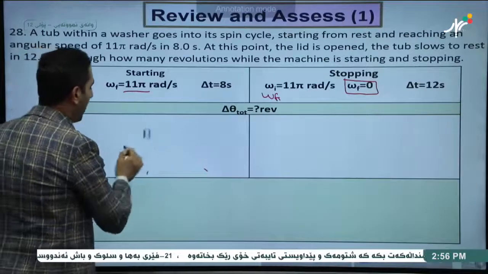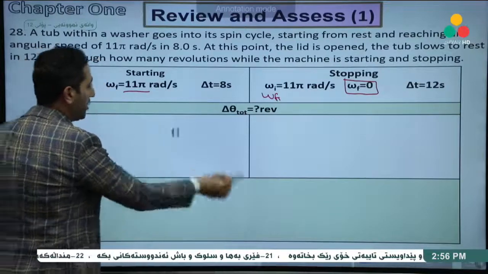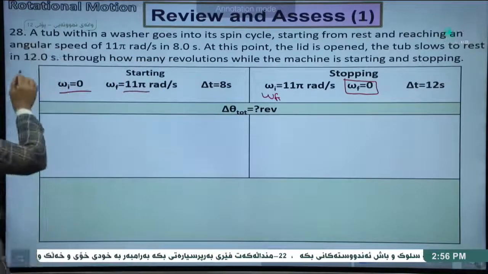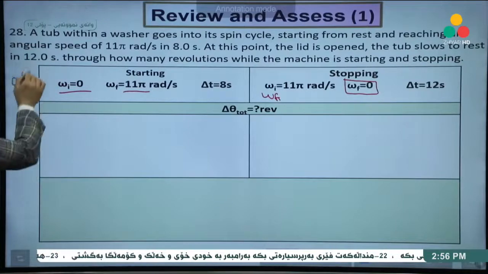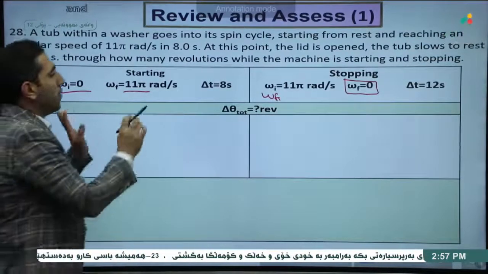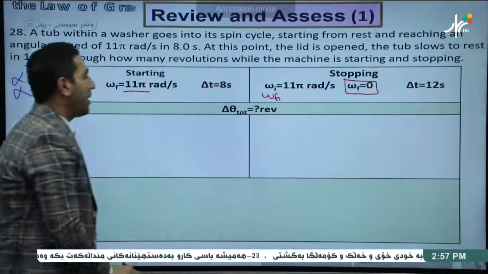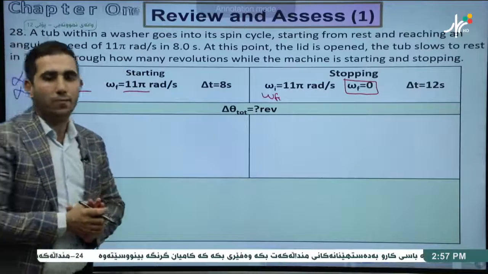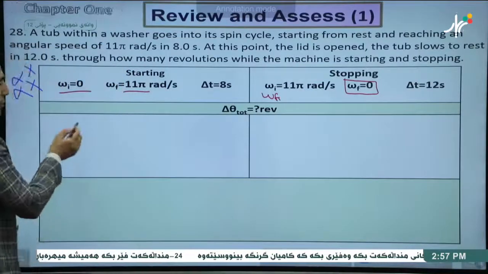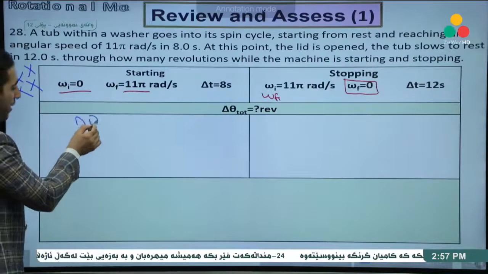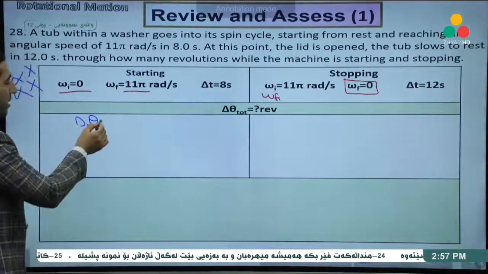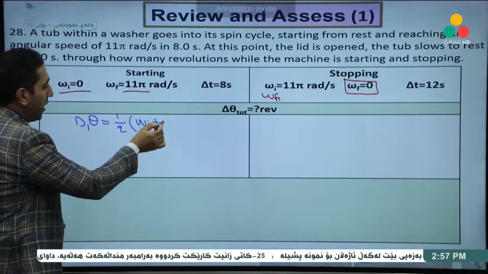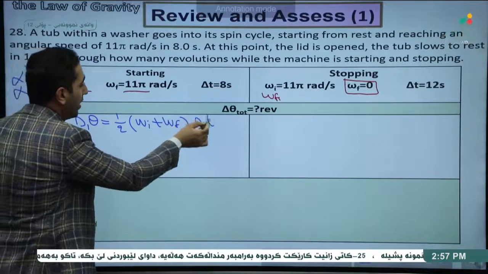Motion with constant angular acceleration equations: we use equation number 4, since we don't have alpha, the angular acceleration. Equation number 4: delta theta 1 for starting is equal to 1 over 2 times omega initial plus omega final, times delta t.